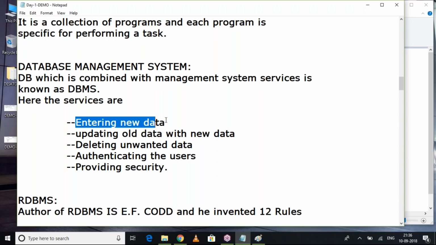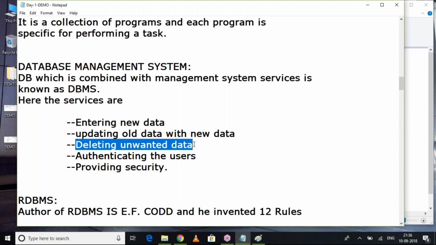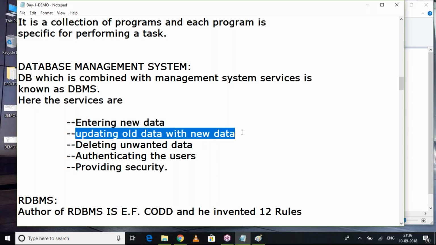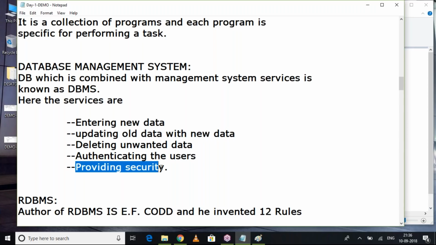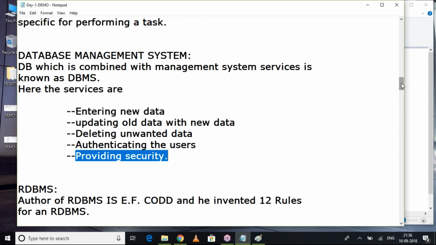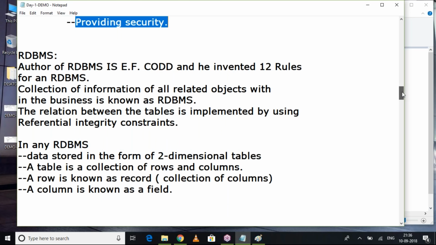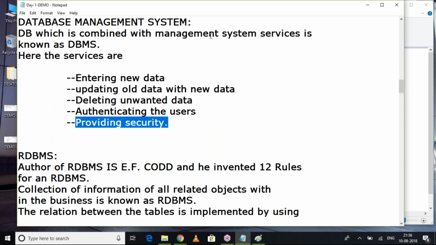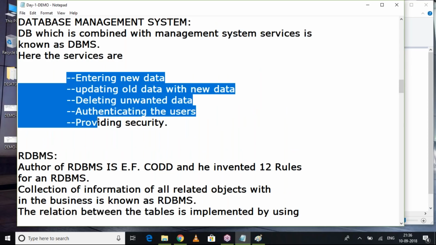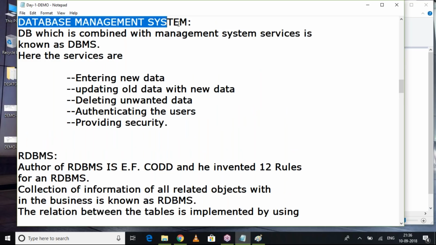It can enter new data, we can delete old data, change old data with new data, authenticate the user by using username and password, and maintain security among user accounts. These five services are known as management system services. A database which is providing these services is called a DBMS.